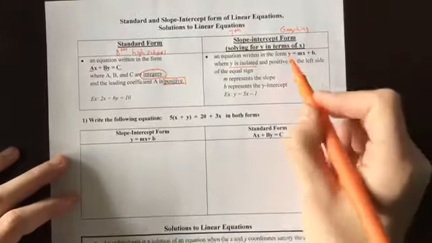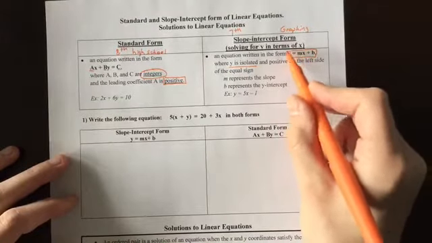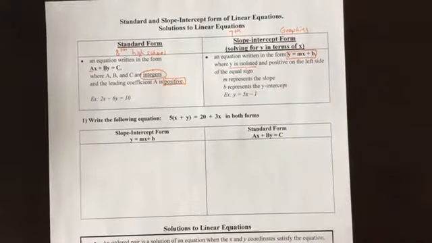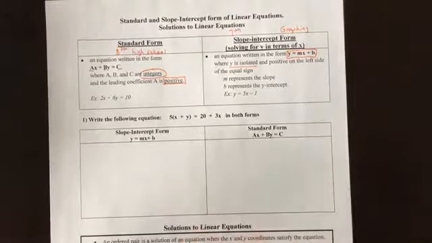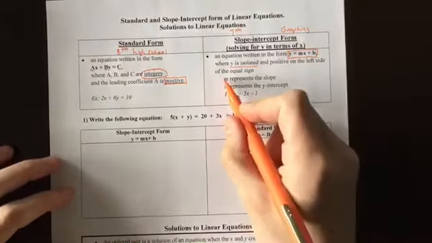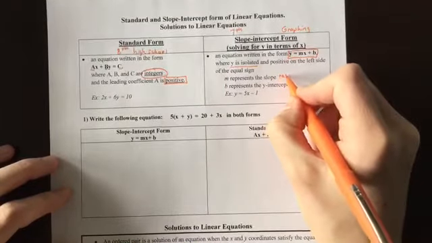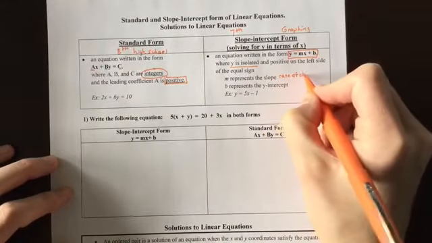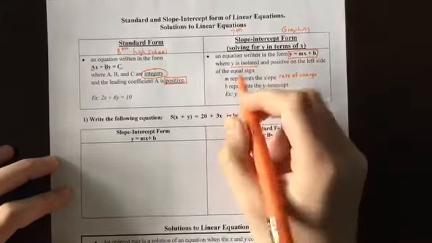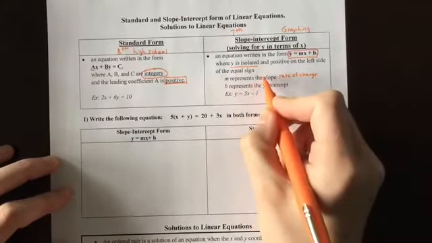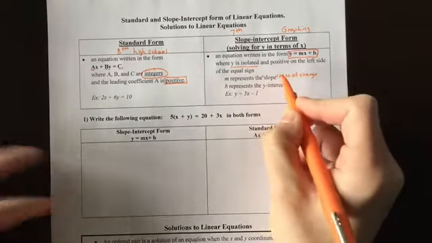Okay? So we know that form is y equals mx plus b. So today we're going to give a little bit more information as to what the m and the b is. Yesterday, we talked about the m as the rate of change. Okay? And it uses that symbol m, and we use the word slope to refer to it.